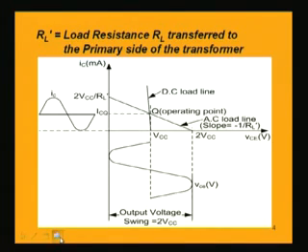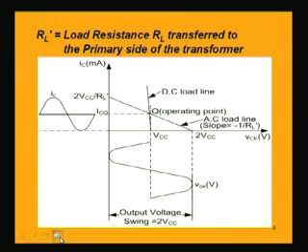One is the DC load line, which is the load line for the prevailing DC conditions, and under DC condition we will not have the RL dash, because the RL dash, that is the load resistance transferred from the secondary to the primary side, will be effective only when we consider AC power.